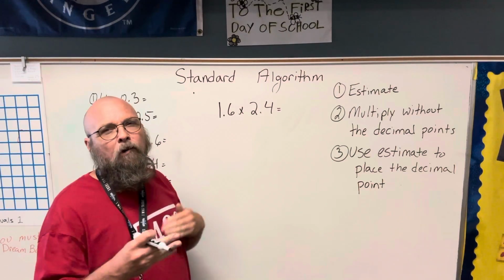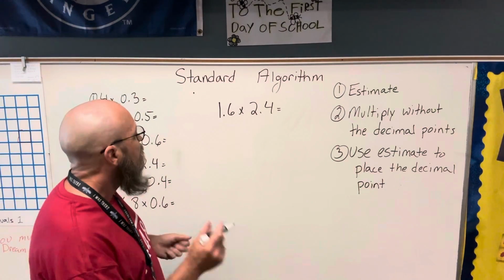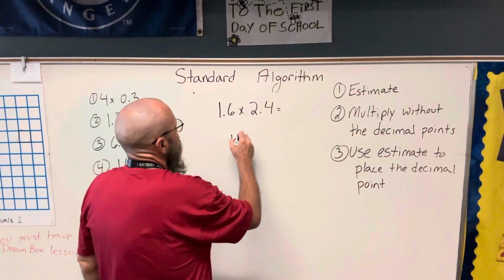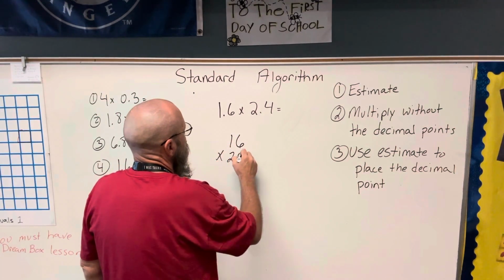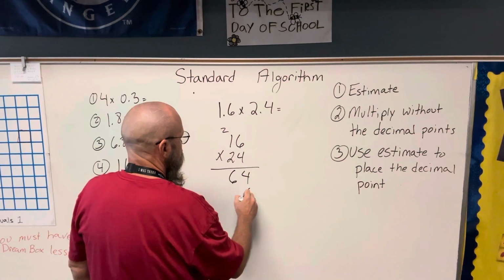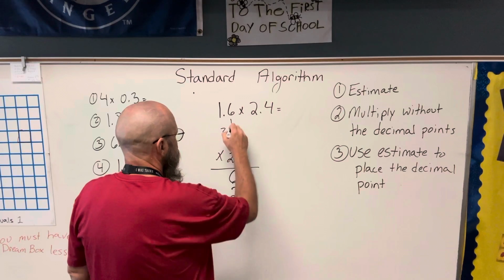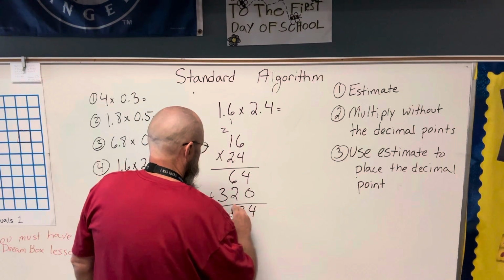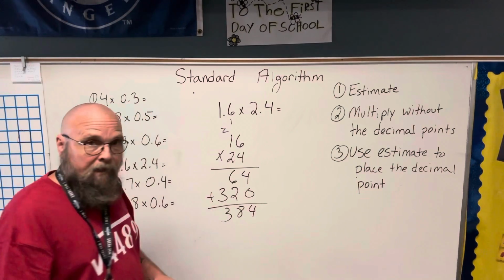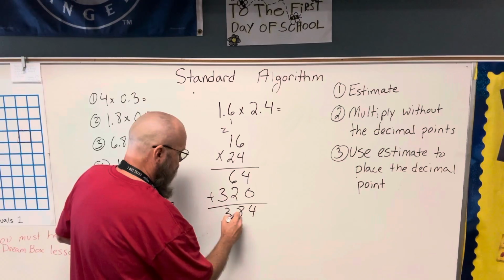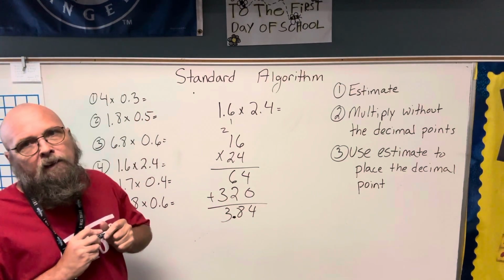So I'm going to be somewhere in the 2 to 4 range. Now I multiply without the decimal points. So I have 16 times 24, 64, and I said my answer was going to be somewhere between 2 and 4, and it's 3 and 84/100ths.